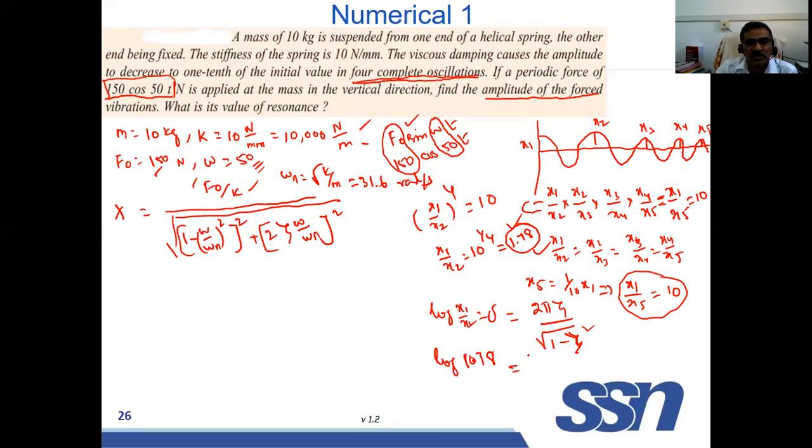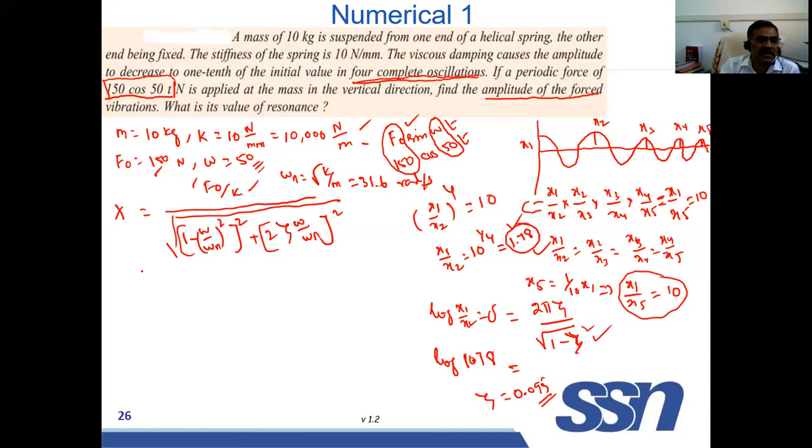That is equal to this value. So from this we can find the value of psi. The value of psi is equal to 0.095. So from this equation, we can calculate the value of psi.